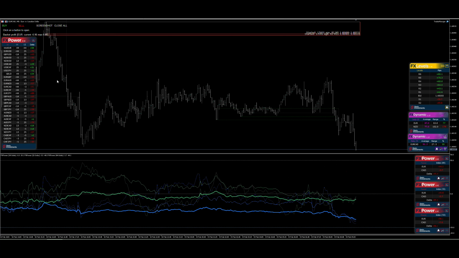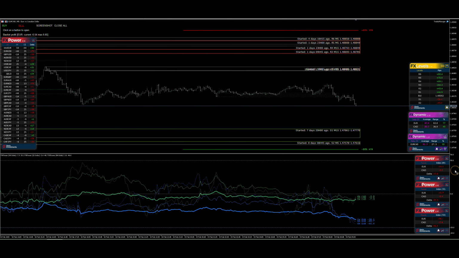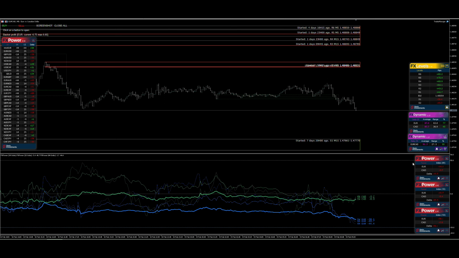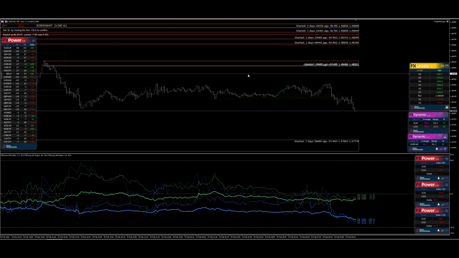Moving on to euro against the Canadian dollar, and here is a promising setup with plenty of space to the next support level. So we place our stop loss here and set the profit target here and move on to the next one.